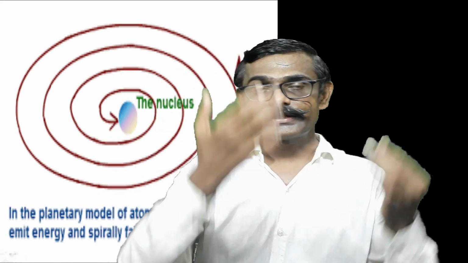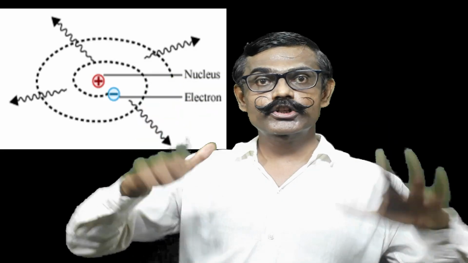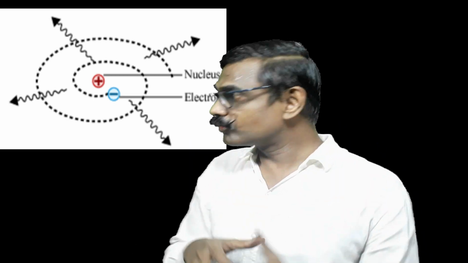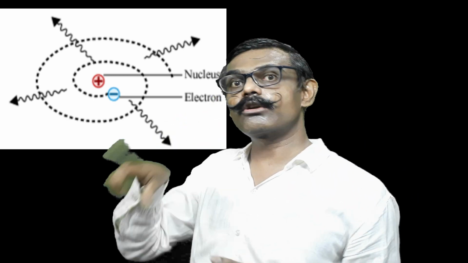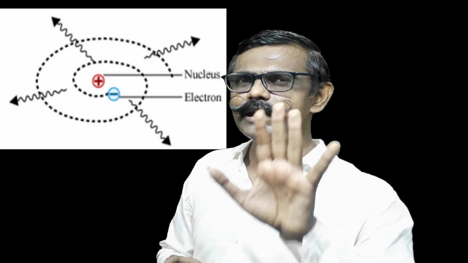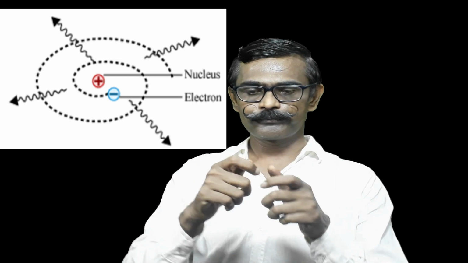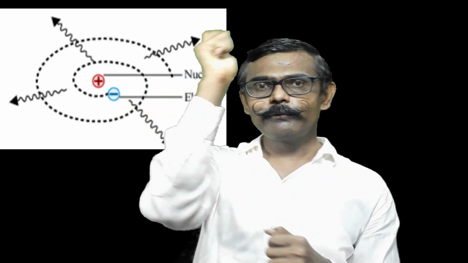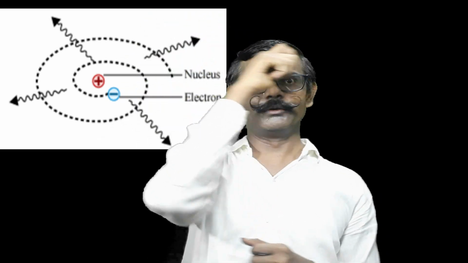A charged species in circular motion, how can it move without dissipation of energy? Because if there is dissipation, then radiation should be emitted when the electron revolves. This is not exactly correct, but for the time being, for understanding purposes: if I take a stone and tie a thread to it and revolve that stone, the stone will revolve.